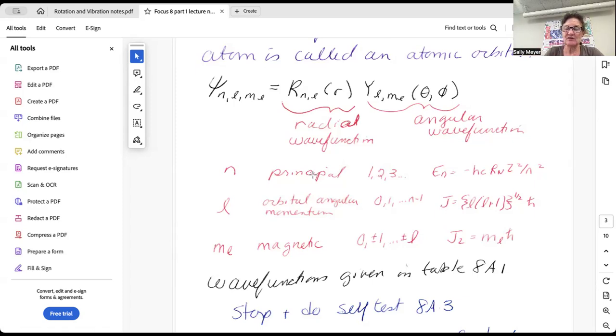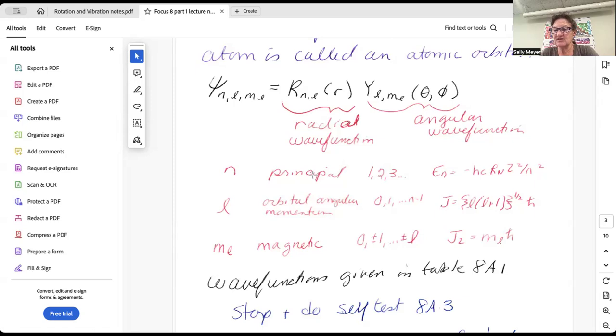So it has to be a function of L, because once again, you can't have a larger projection of angular momentum on the z-axis than you have total angular momentum, and L gives you the total angular momentum. So it goes from 0, plus or minus 1, so which way is it rotating, all the way up to plus or minus L. And from that quantum number M sub L, you can get the z component.